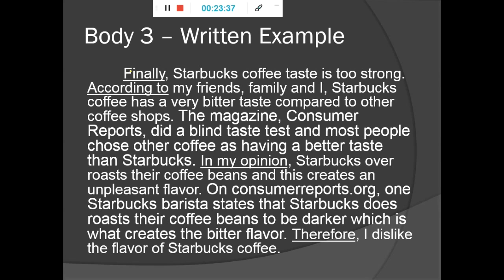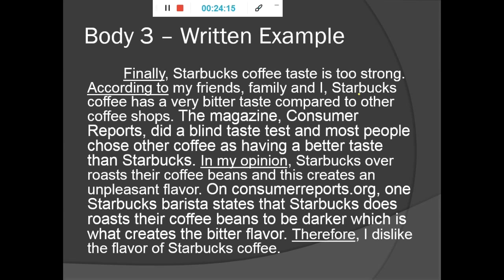Finally, Starbucks coffee taste is too strong. According to, so I've used some nice language here, according to my friends, family, and I, Starbucks coffee has a very bitter taste compared to other coffee shops. The magazine Consumer Reports did a blind taste test, and most people chose other coffee as having a better taste than Starbucks. In my opinion, Starbucks over-roasts their coffee beans, and this creates an unpleasant flavor.